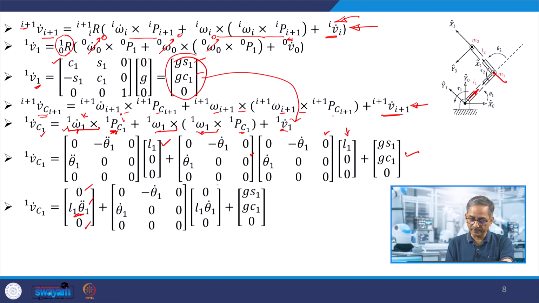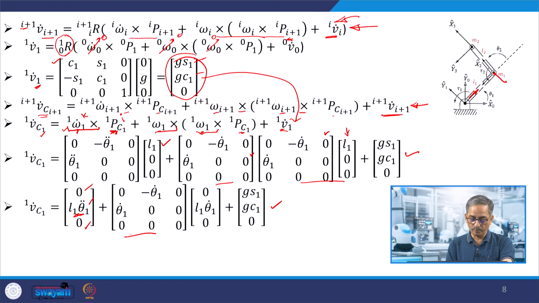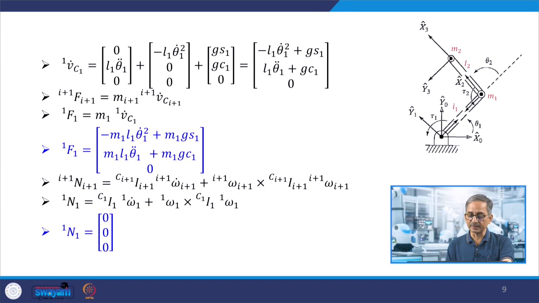Similarly, here the first term I keep here as it is and I multiply these two. So, the second one is my L1 theta 1 dot and then this term is as it is. After this I can do further simplification. So, I have 1, 2 and 3 terms over here. This one multiplication will be giving me what? This multiplication will be giving minus L1 theta 1 dot square, right, here in the second term.